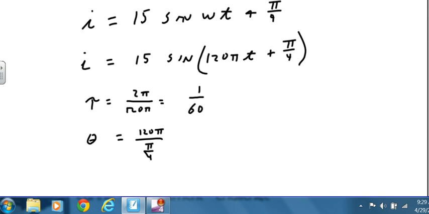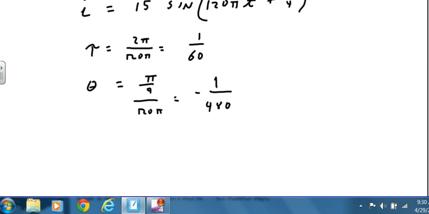When is this guy 0? This guy's 0 when that goes over there and this goes on the bottom. So it's the other way around. Phase shift is pi over 4 divided by 120 pi, which is 1 divided by 480. Okay. So that's my phase shift. And is it positive or negative? It's negative, right? Phase shift is negative.